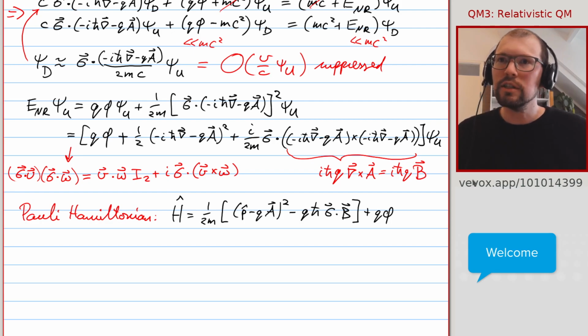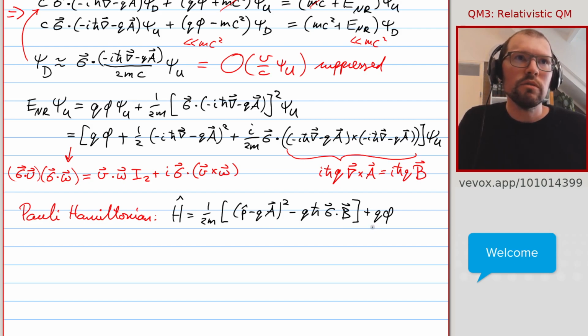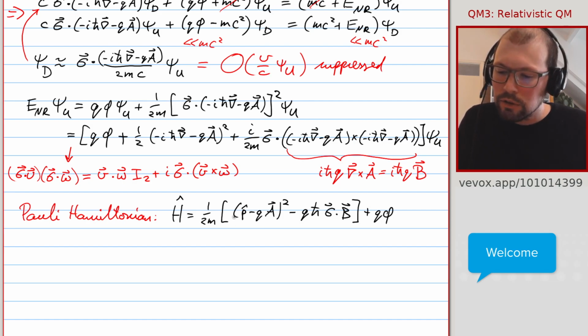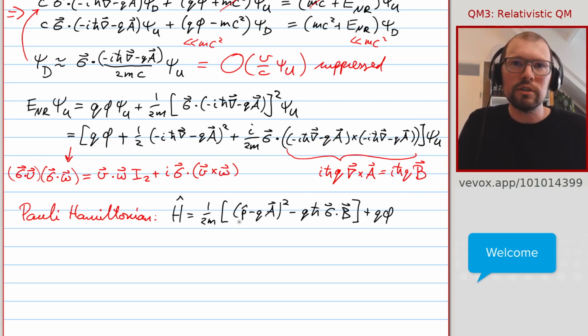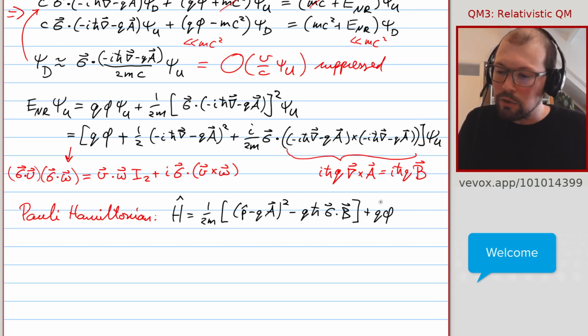So what we see is that we almost get the standard minimal substitution for the non-relativistic particle. So taking the momentum in the case of a particle without electromagnetic interaction, shifting it by q times the vector potential, and also shifting the Hamiltonian by q times the scalar potential.